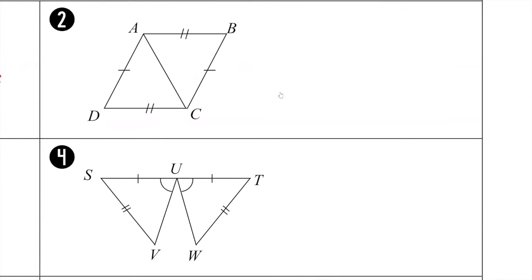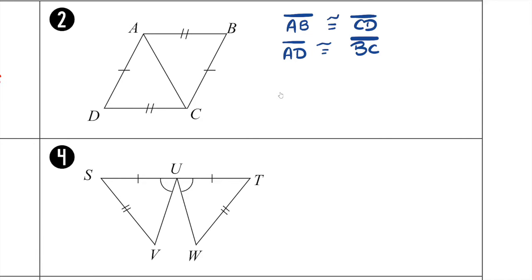What do we have is congruent? So somebody tell me some congruent pieces. AB is congruent to CD, yeah. All right, that's 1. We need 3. What else we got? AD is congruent to BC.